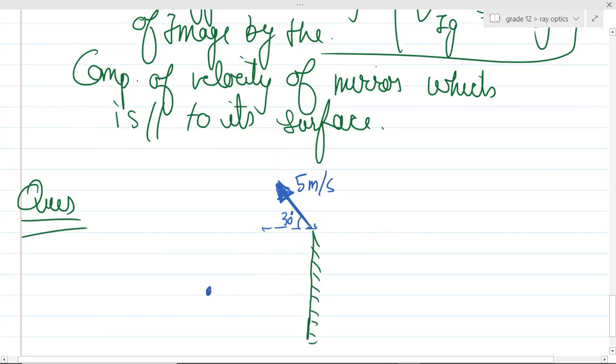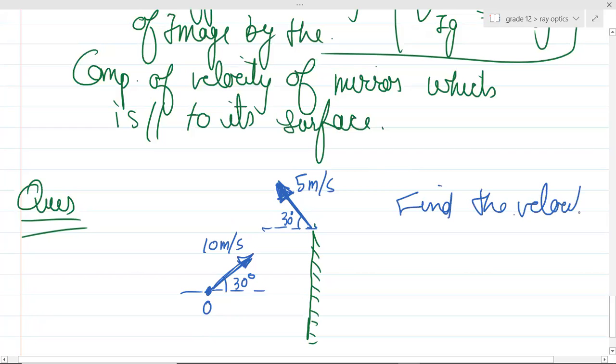And there is an object which moves in this direction with a velocity of 10 meter per second at an angle of 30 degrees. The velocity of mirror with respect to ground is given to you. The velocity of object with respect to ground is given to you. They are asking to find the velocity of image with respect to ground.